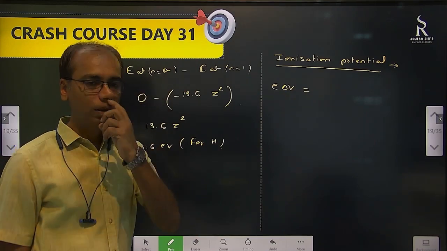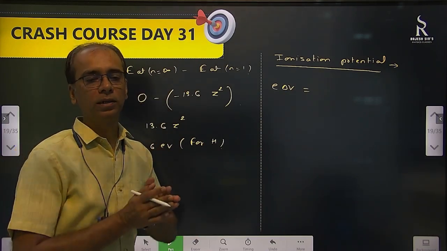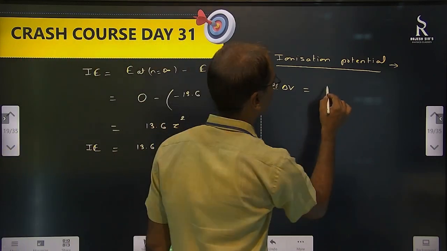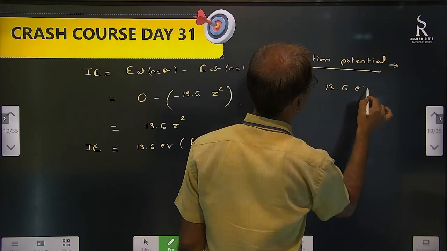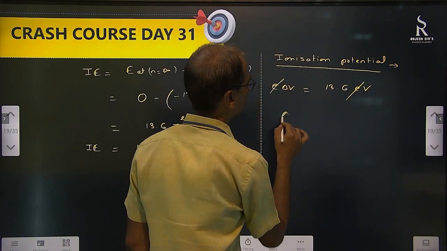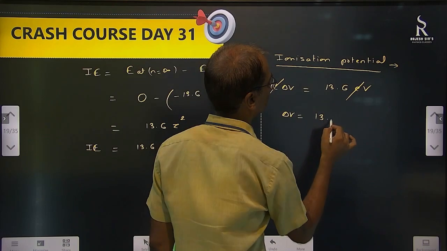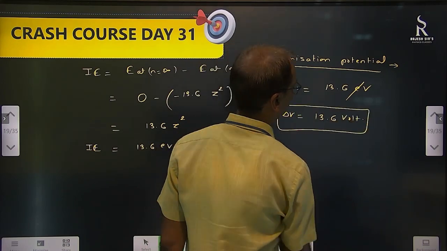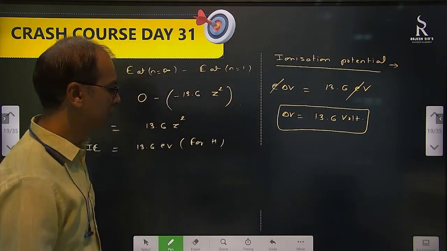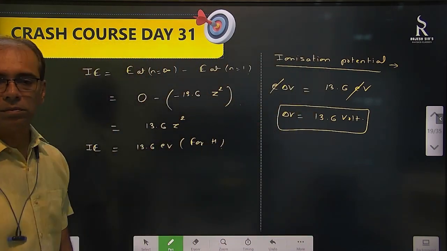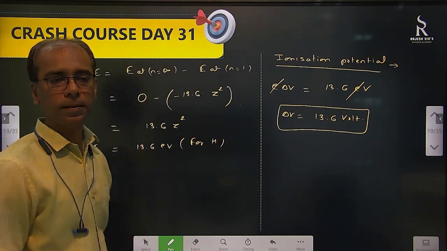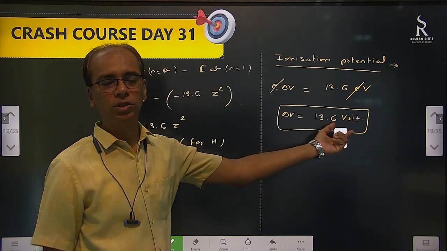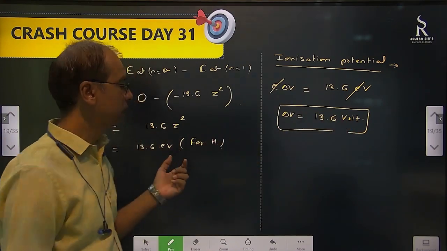We equate this with 13.6 eV, and this cancels. So the potential difference, the ionization potential, is 13.6 volt. Whatever is the ionization energy, the same is the ionization potential, but its unit is volt and here it is eV.